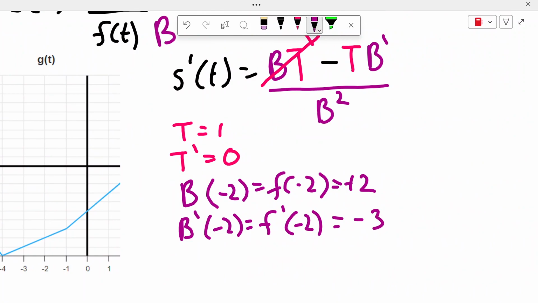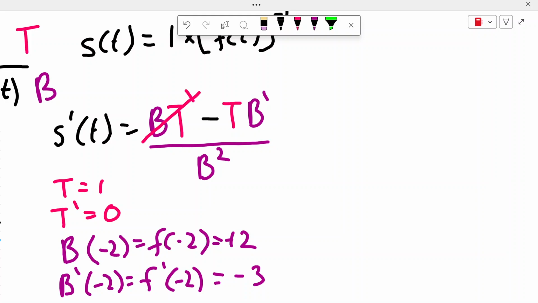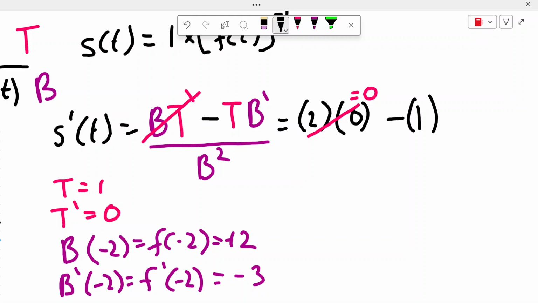Now we just need to substitute everything in there. So when we do that, we get something that looks like this. So just the bottom one, normally, times the differentiated one, so we can say that all is equal to 0, minus the top, which is just 1, times the bottom differentiated, which is minus 3, over the bottom squared, which is 2 squared.